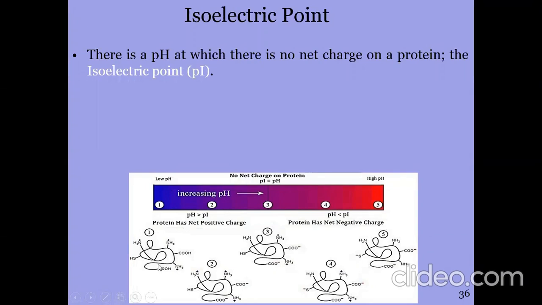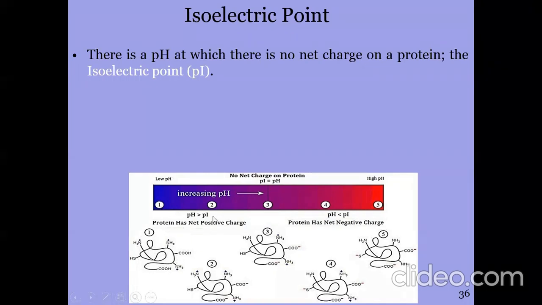Here you can see the amino groups are protonated, so there is a net positive charge, and there is maximum positive charge, with the carboxylic group COOH.